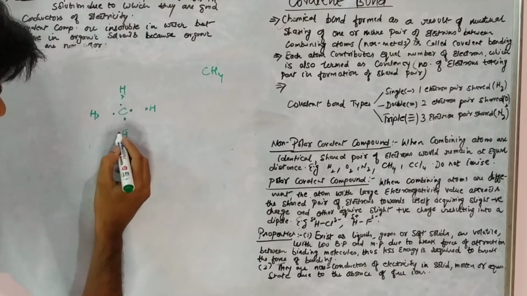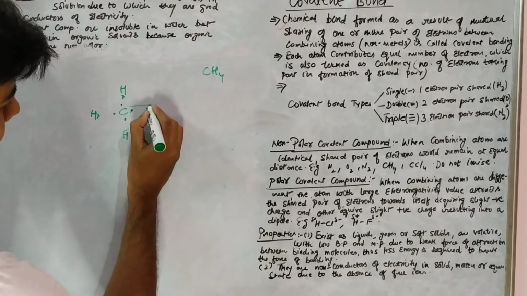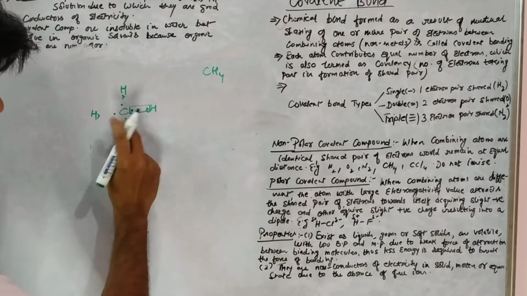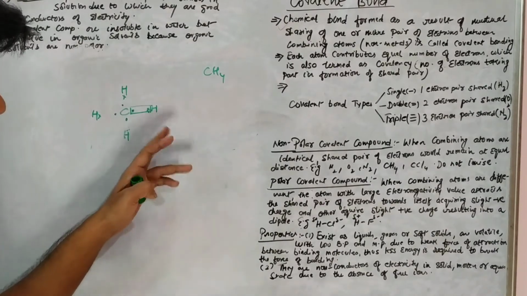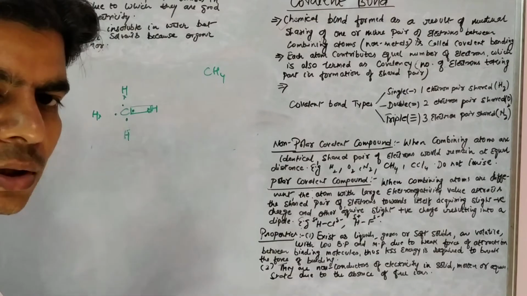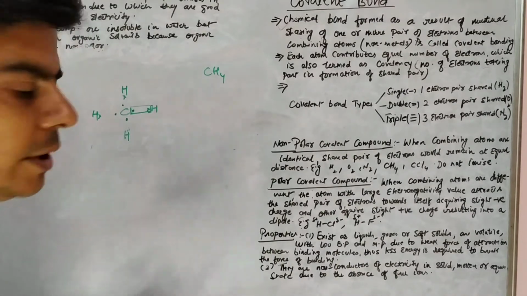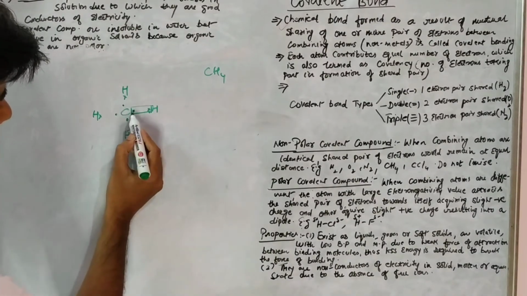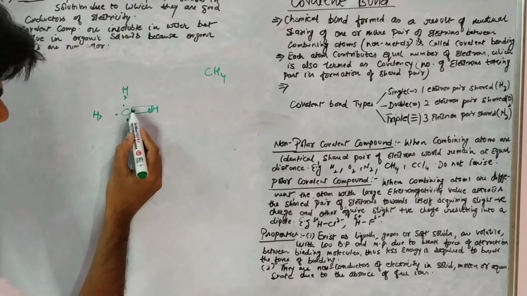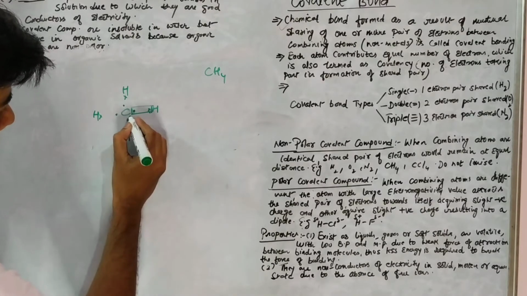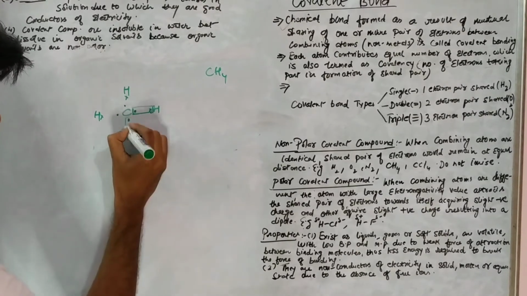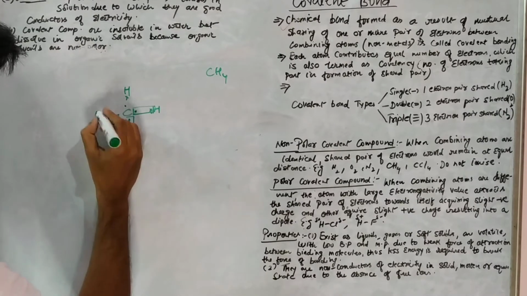So each of the hydrogen atoms will share its electron with 1 electron of the carbon atom. It will share 1 electron with this carbon atom. Another hydrogen atom will also share 1 electron with the carbon atom.